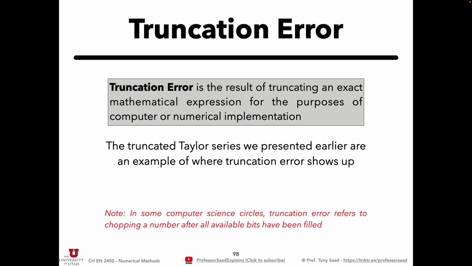Now, be careful. If you're reading an article that's written by a computer scientist, you're Googling something about this course, and some computer scientist is writing about this. In computer science, round-off error, they also call it truncation error. Okay, because they're truncating the number. Understandable.